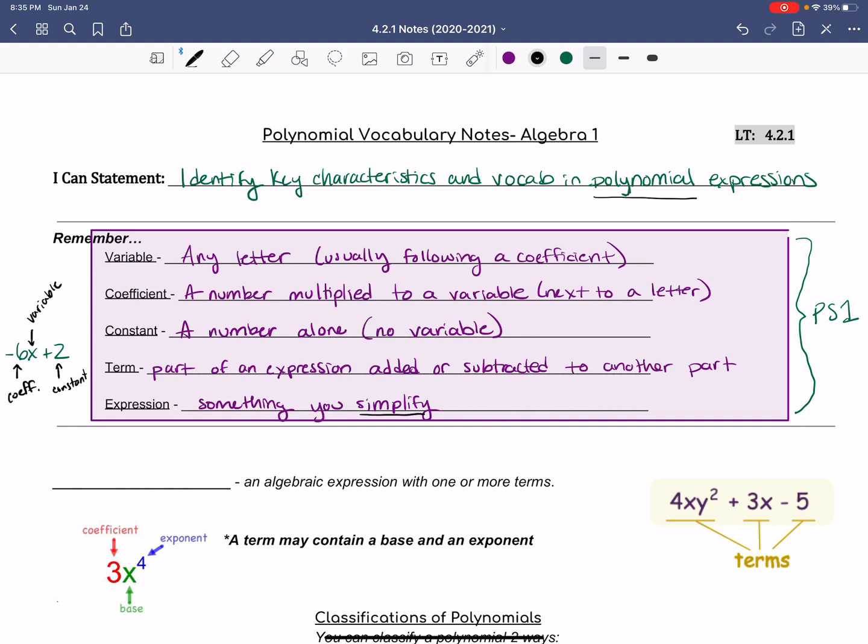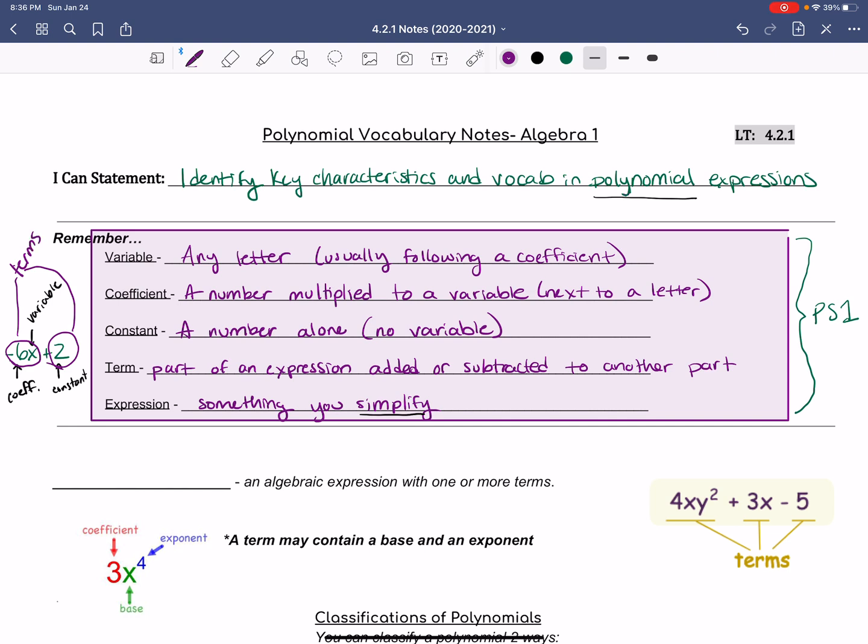This is something that is added or subtracted to another part of an expression. So again, if we look back at that left-hand side, we actually have two terms here. We have negative 6x and positive 2. Those are both terms. They are separated by a plus sign.